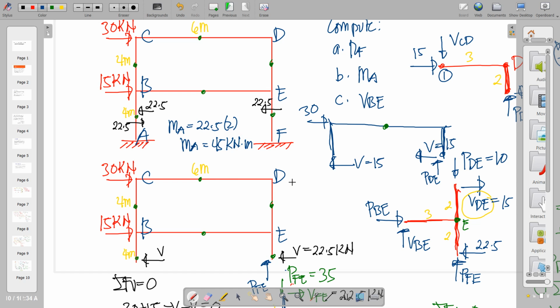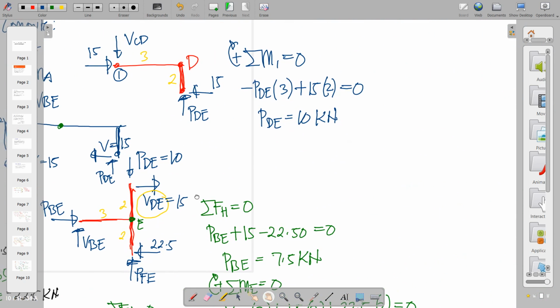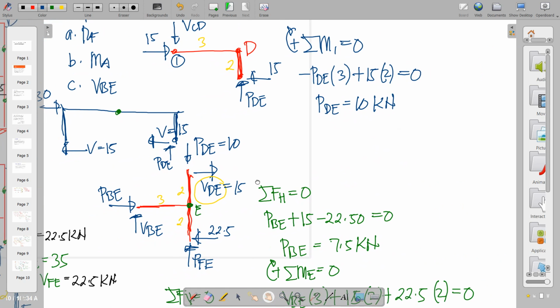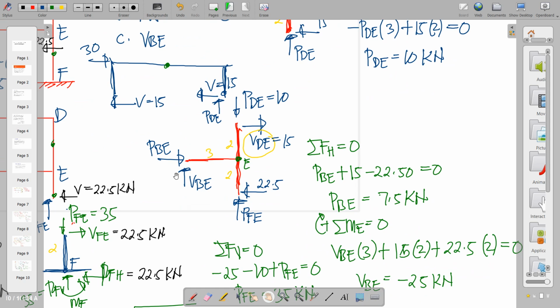Okay, so next, what about shear at BE? Shear at beam BE. So let's see if we have already obtained that one. Oh, here it is.